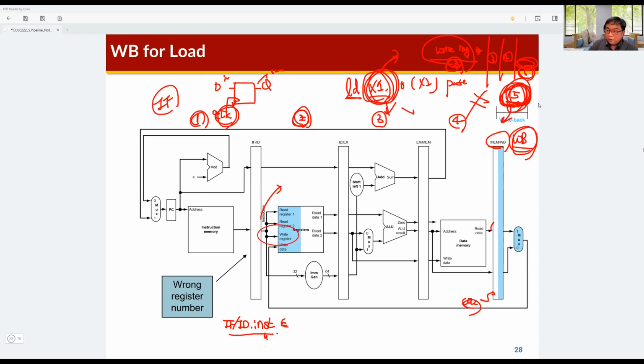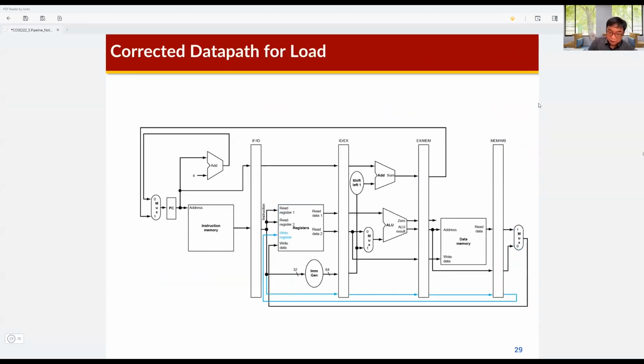So how can we match the timing of the write register number and the result of the load instruction? It's simple. You can just delay the write register number.